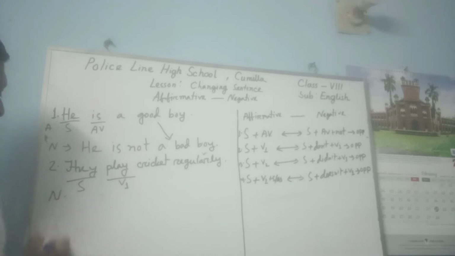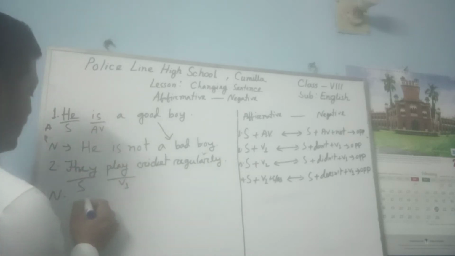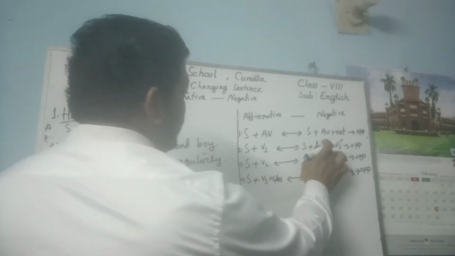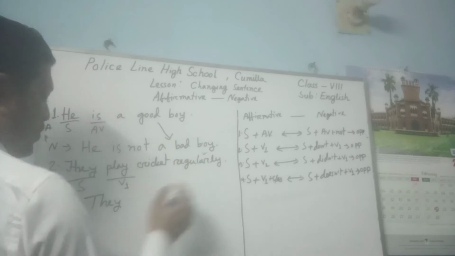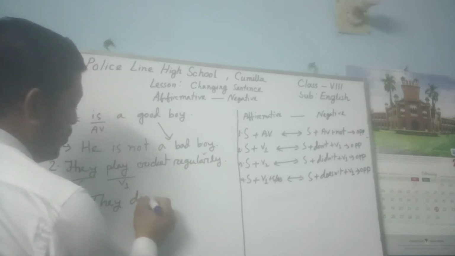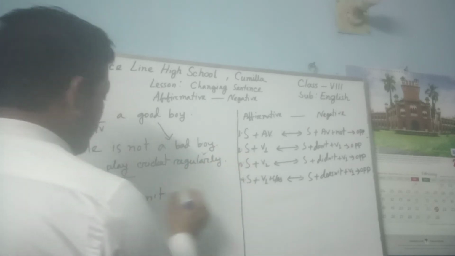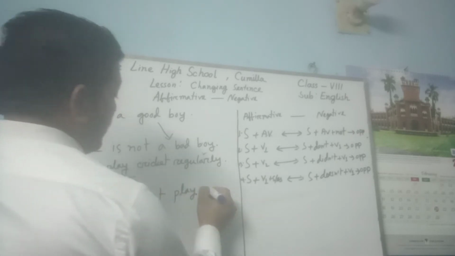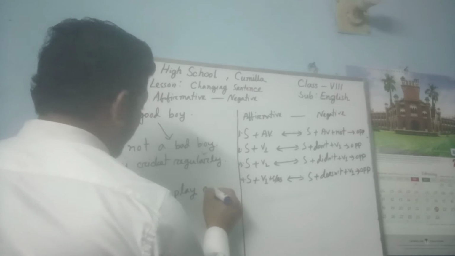So at first I have to write the subject they. Then I have to write don't. Rule number 2, I have to use here don't. Then verb 1 play, and other word cricket.